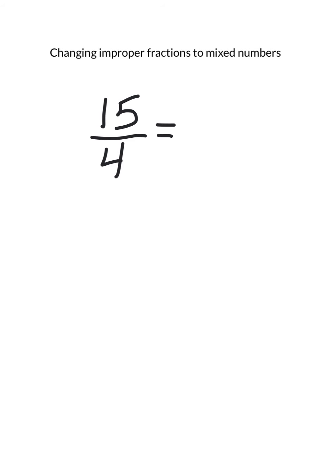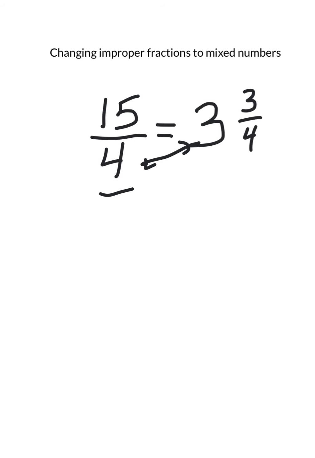In this situation, 15/4, it's very similar to the other one. I really just have to ask, how many 4s go into 15 without going over it? I know 4 times 3 is 12, so that's without going over it. And then a little trick: 12, 13, 14, 15. I know I have 3 more left over.